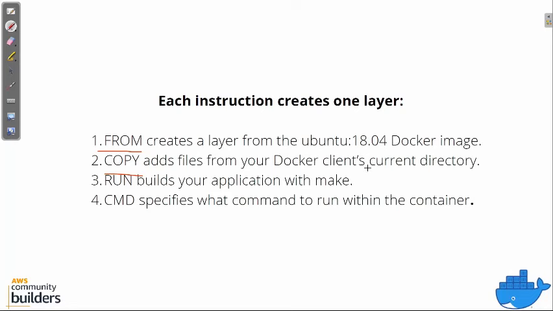So the current directory where we are having our application in our PC, it will take the files from there and then save them to the image, or create a layer which will have the directory /app, and inside that we will have all the files. So what are the files? As you can see in cmd, we were running app.py. How has that app.py come? It has come by this copy command only. I hope it is clear.